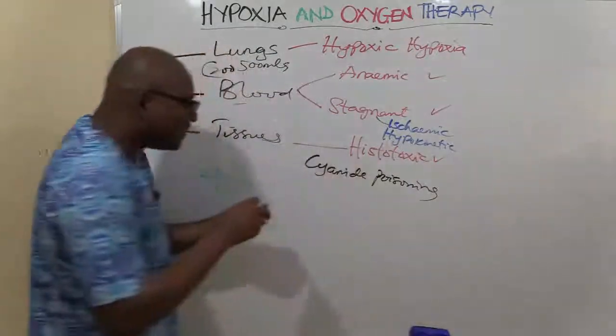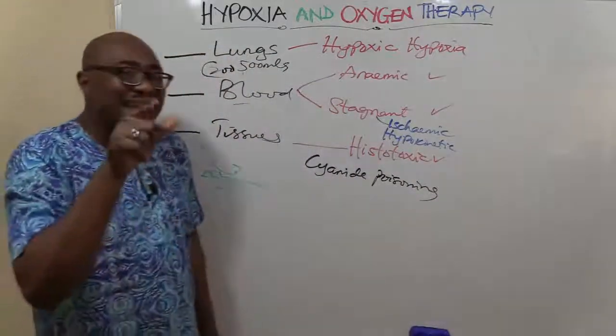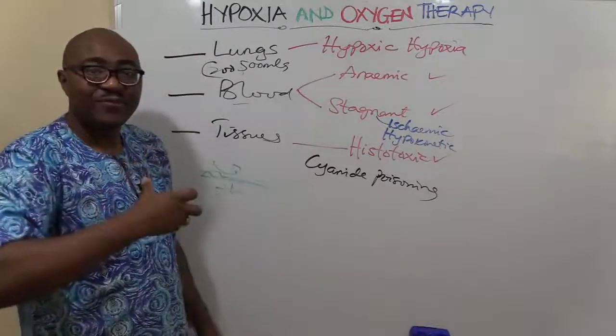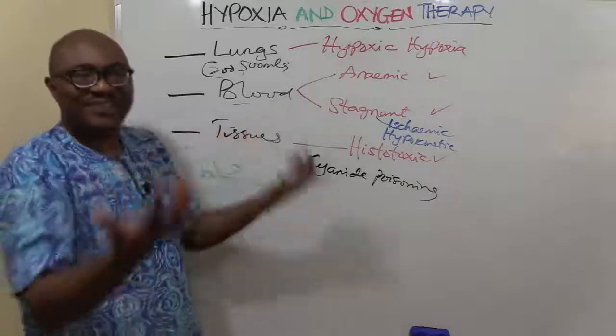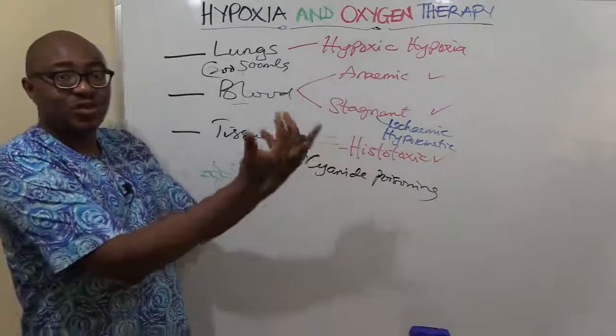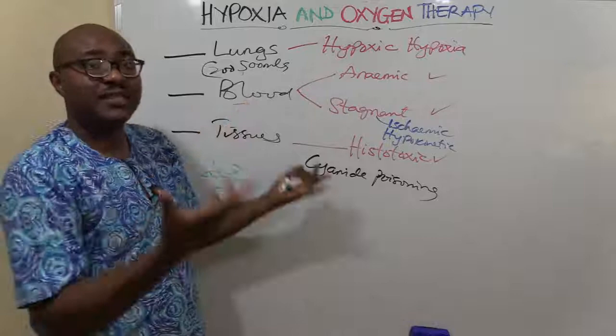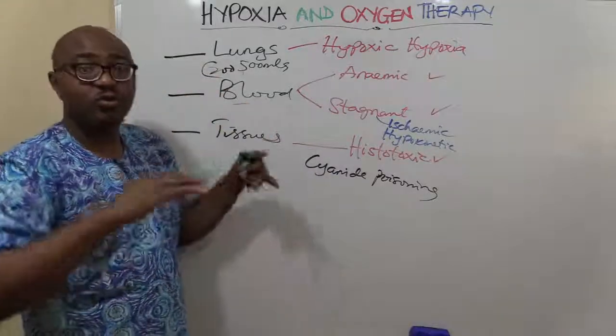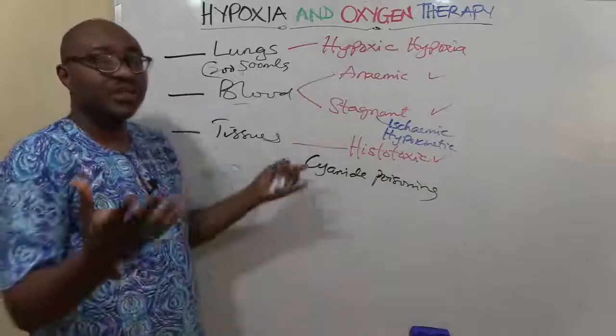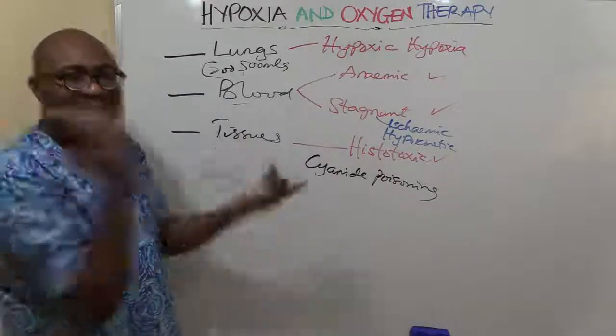Very good cause. That means it destroys the enzymes that are involved in oxidative phosphorylation. You know, the mitochondria is the powerhouse. It's where oxygen is now used to generate ATP. So all those enzymes that are involved in the mitochondria to use oxygen to produce a lot of ATP, cyanide inactivates them.